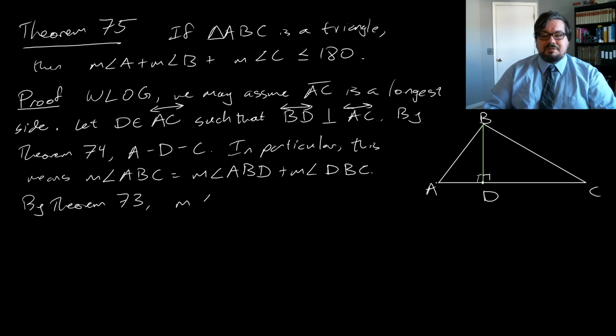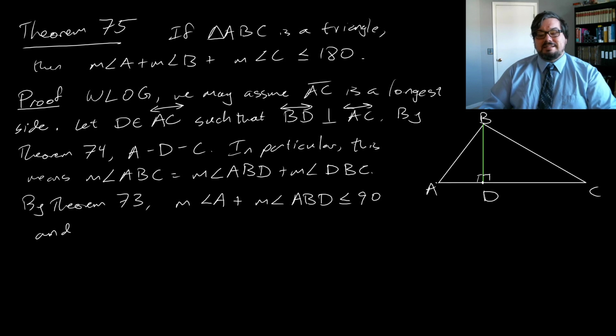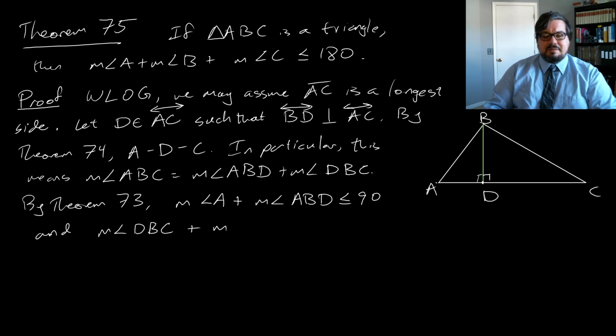So by theorem 73, the measure of angle A plus the measure of angle ABD is less than or equal to 90. And similarly, if we look at the triangle DBC, we get that the measure of angle DBC plus the measure of angle C is less than or equal to 90.